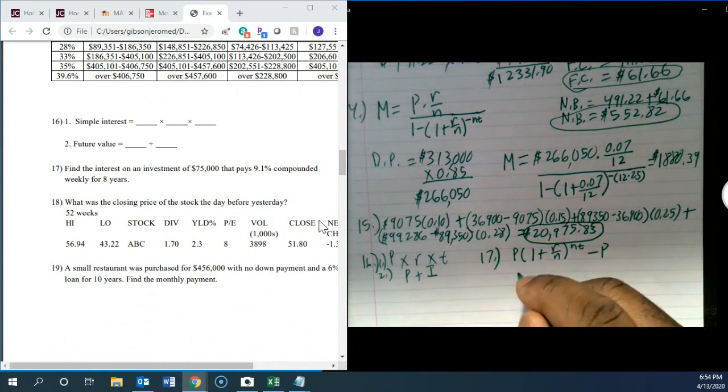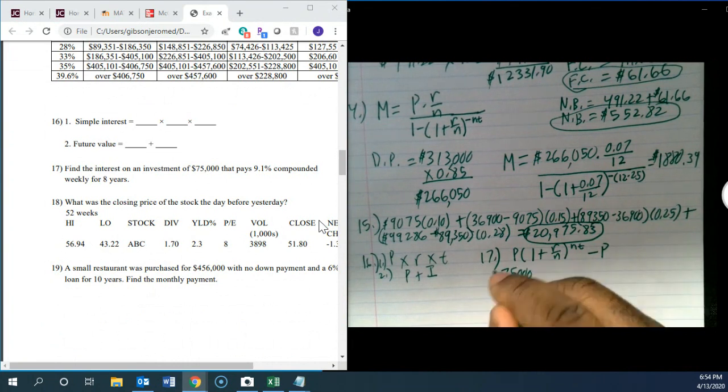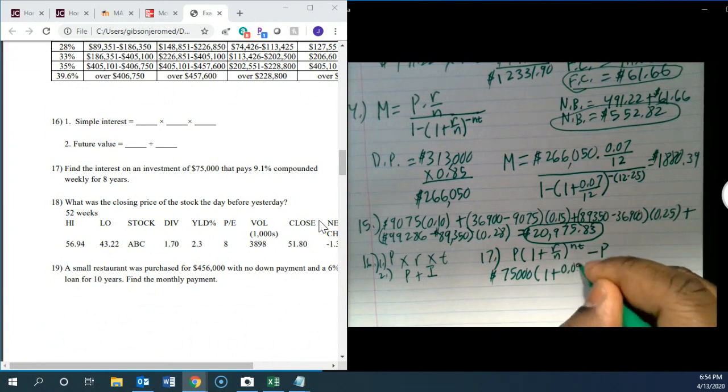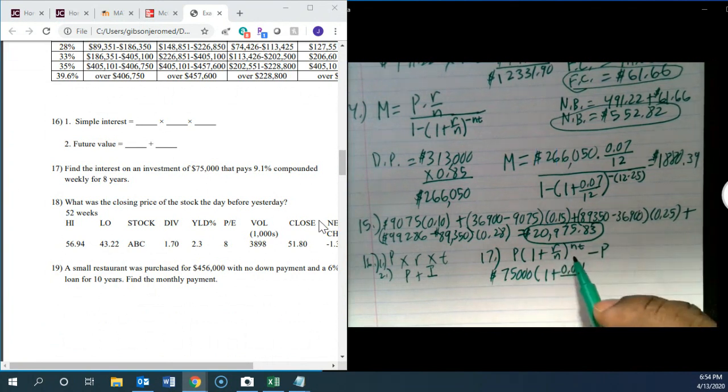So the principal will be $75,000 times 1 plus the rate, which would be 0.091, divided by the number of times that interest is compounded. They said weekly. It's 52 weeks in a year, so it'd be divided by 52.